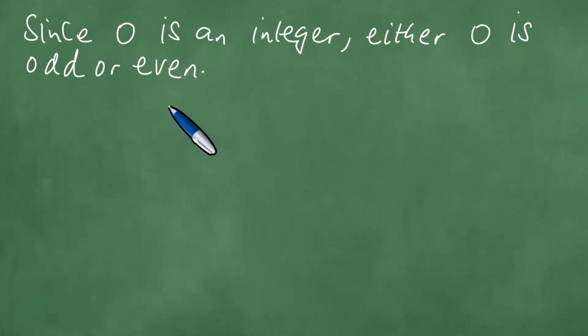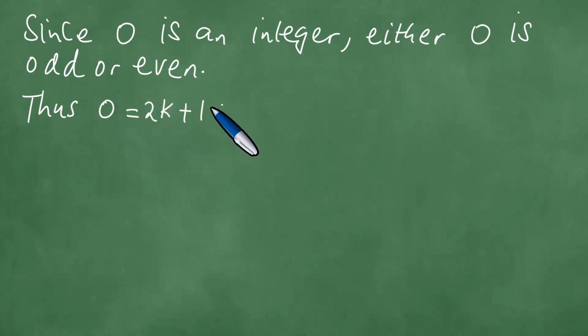Either 0 is odd or even. Thus, if 0 is odd, for instance, it follows that 0 can be written in the form 2k plus 1. Or if 0 is an even number, it means therefore that 0 is equal to 2k.